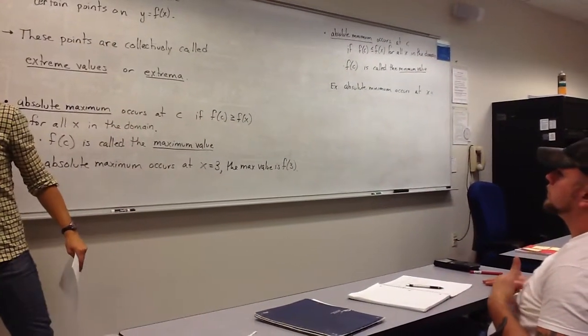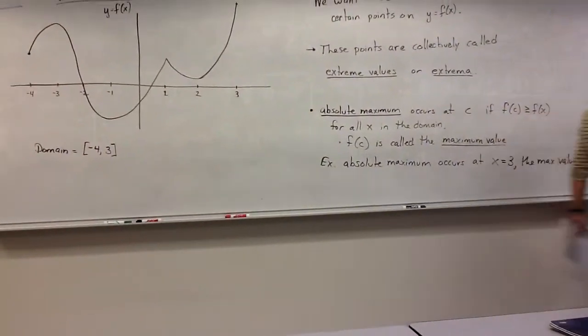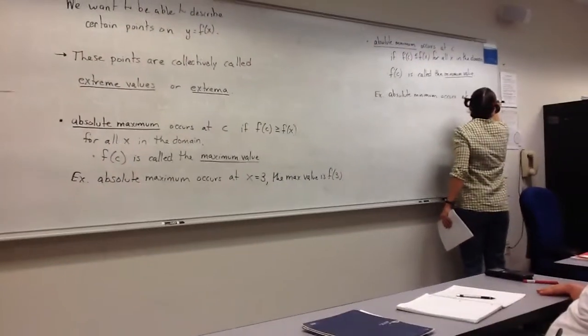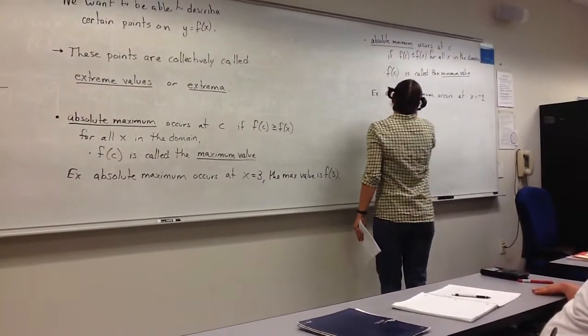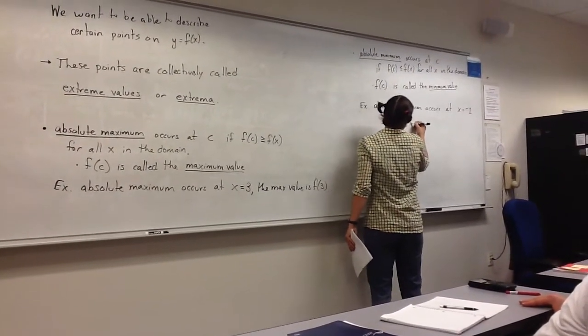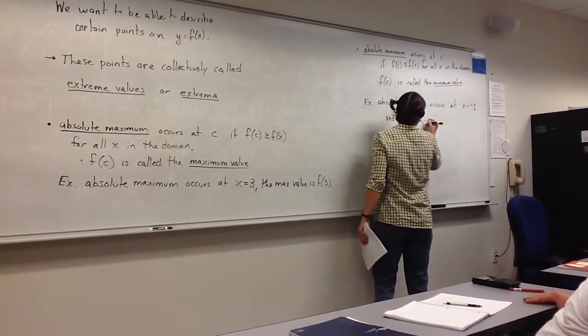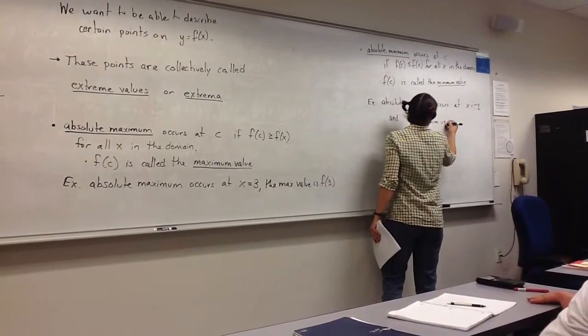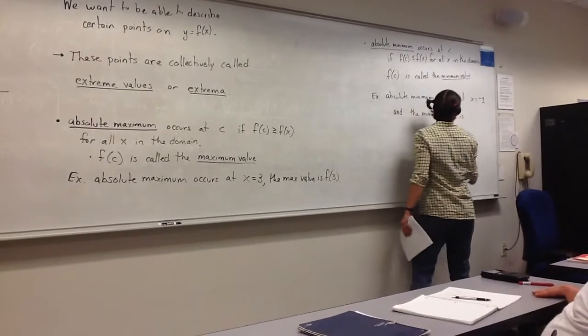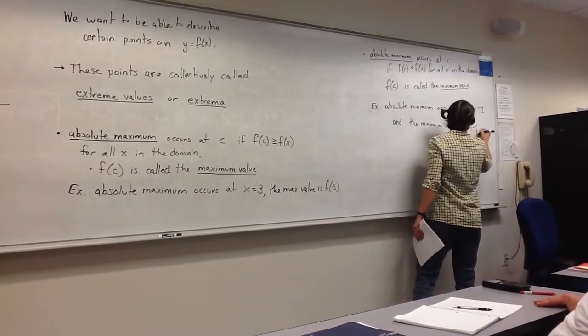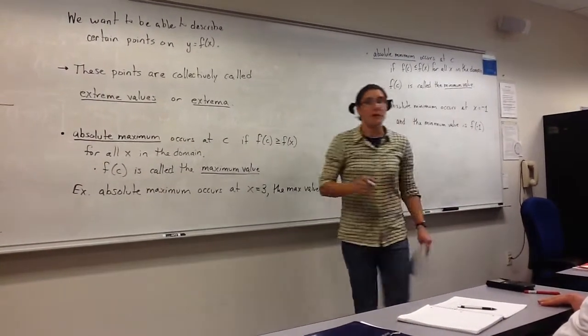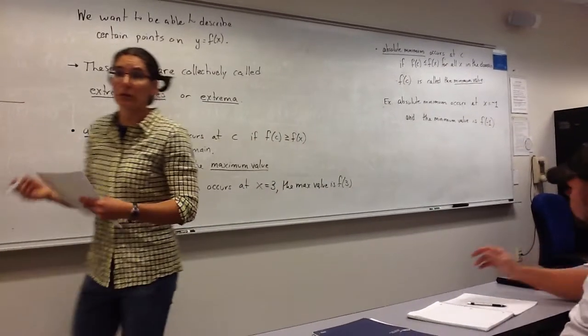So it occurs at x is equal to -1. And the minimum value is f of -1, meaning the y value of the function when x is equal to -1.